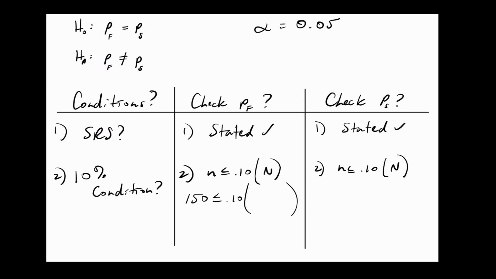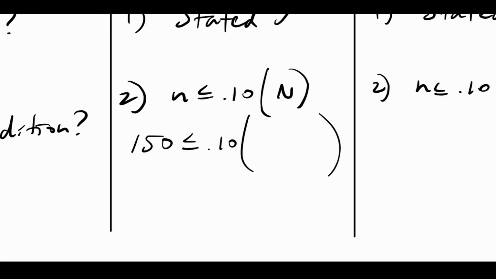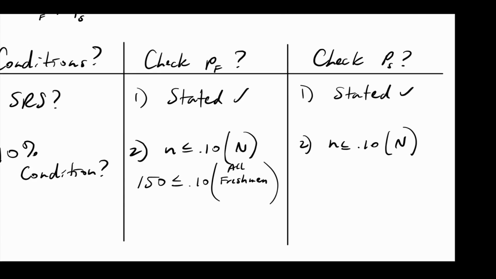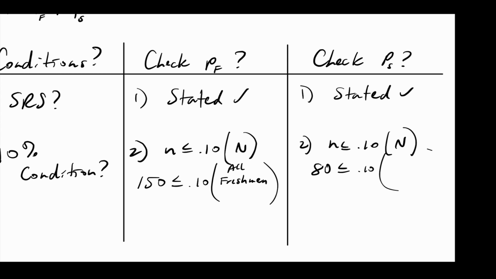So I can't do that other than say all freshmen or all ninth graders. Same thing with sophomores. I don't have the data on how many sophomores there were that year, so I'll just say all sophomores or all 10th graders.